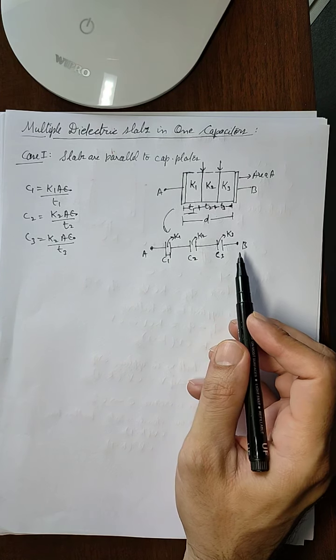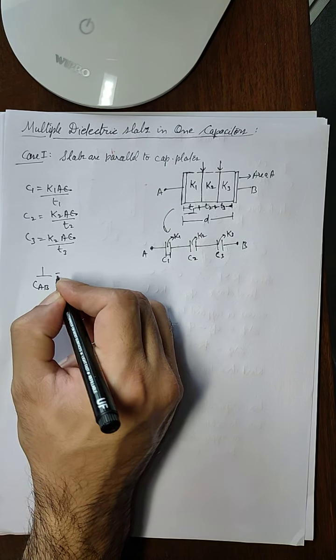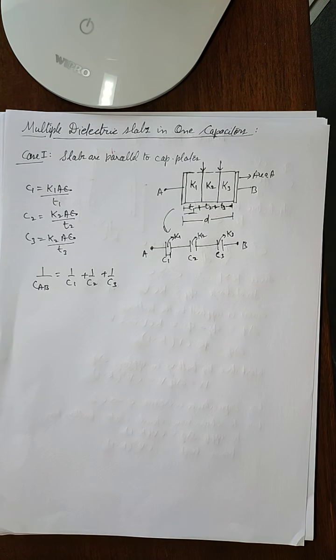Now, in series combination, we know that the equivalent capacitance between A and B will be given by this equation.